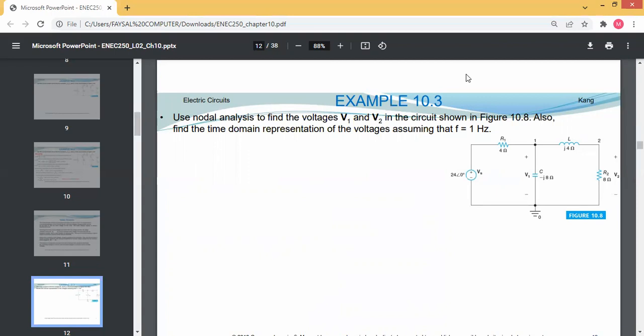First I must write the values of my given parameters. R1 equals 4 ohm. The value of Vs equals 24 with the angle 0 degree.